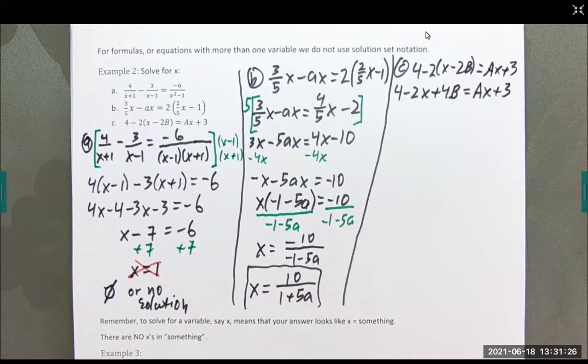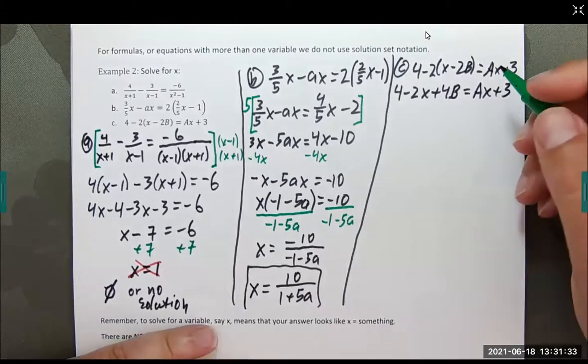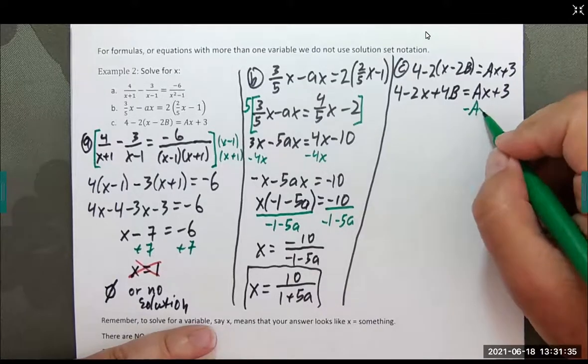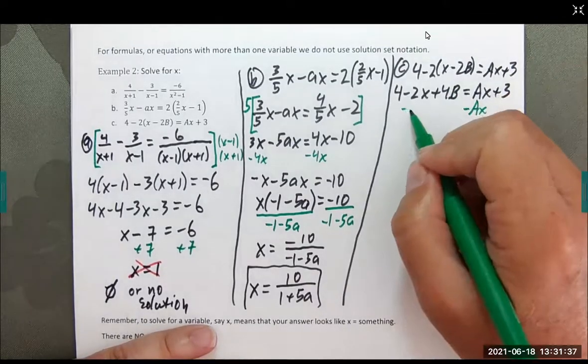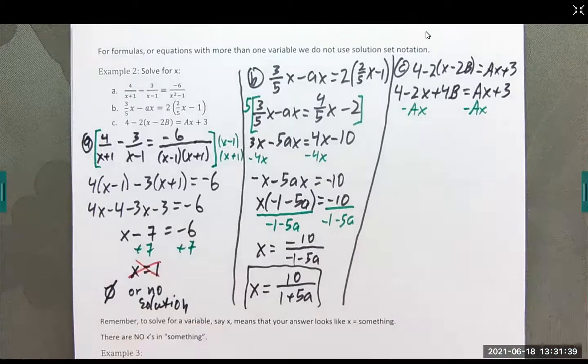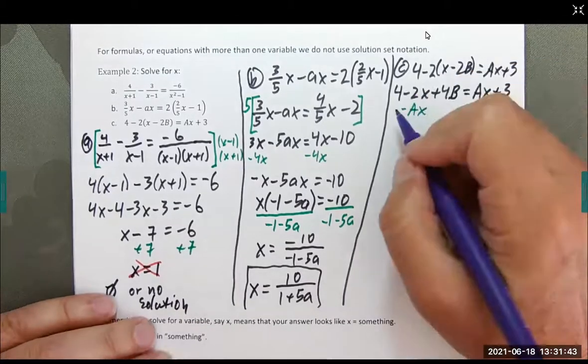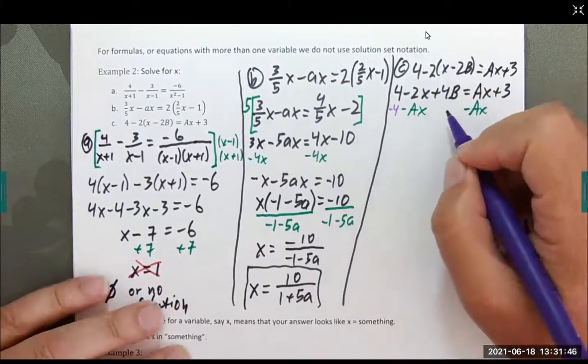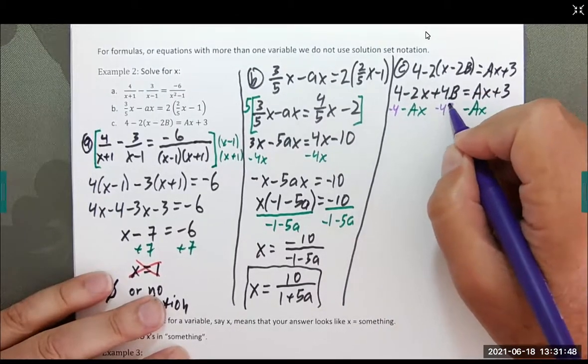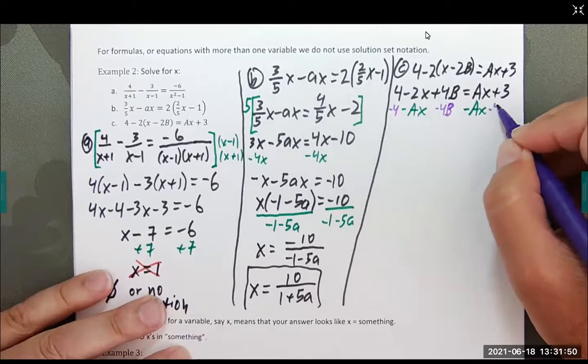However, what I'm going to do is get my x terms to the left. Minus ax, minus ax. And I'm going to move my non-x terms to the right. That'll be minus 4, minus 4b.